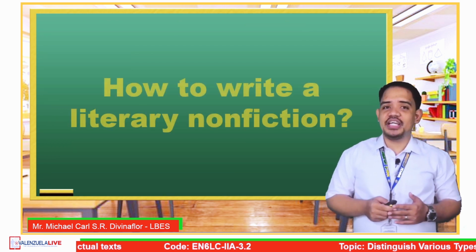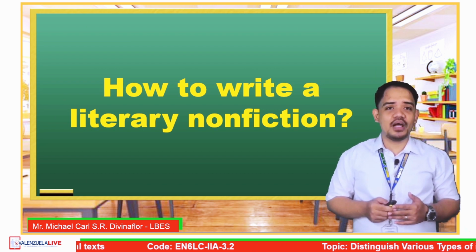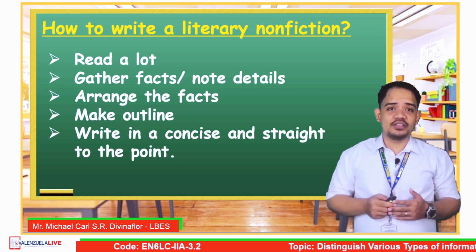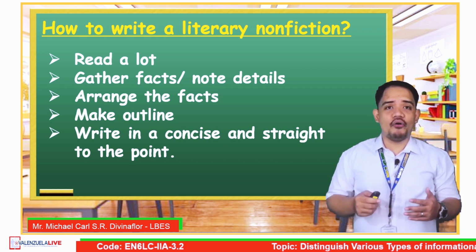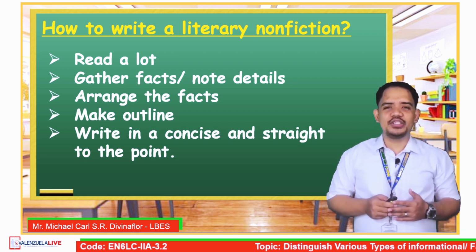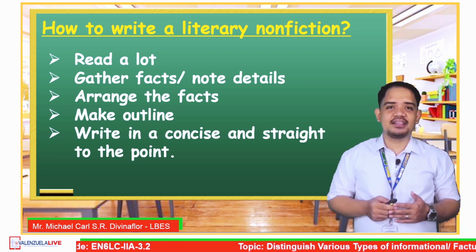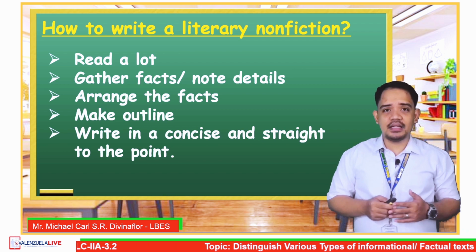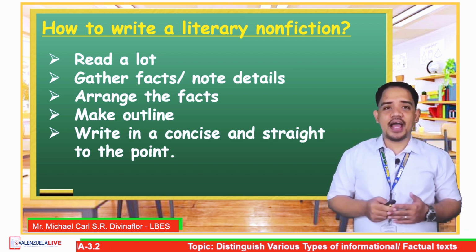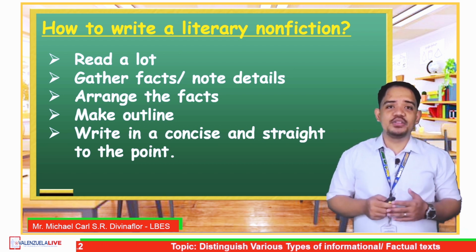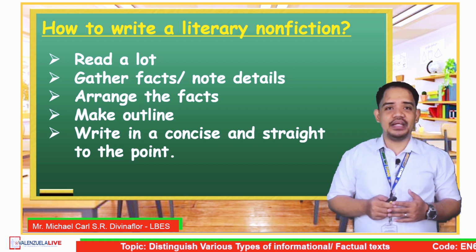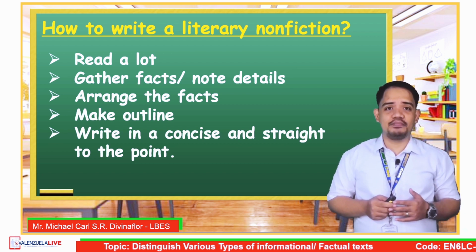As a writer, if you're about to write facts about a topic like a person's life, like that of Gat Rizal, your friend, or about yourself, what you need to do is to gather facts, read a lot on your topic, note important details about it, arrange the facts properly, make use of an outline to plan out your thoughts, and write it in a paragraph form as briefly as you can, or write it direct to the point.